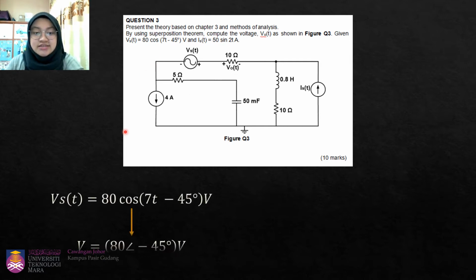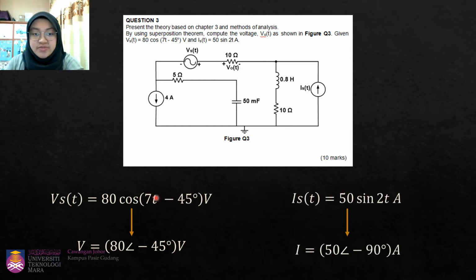I change the voltage source and current source to phasor domain. The voltage source will be 80 angle negative 45 degrees volt.